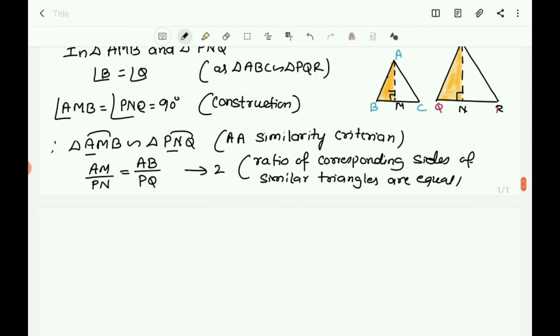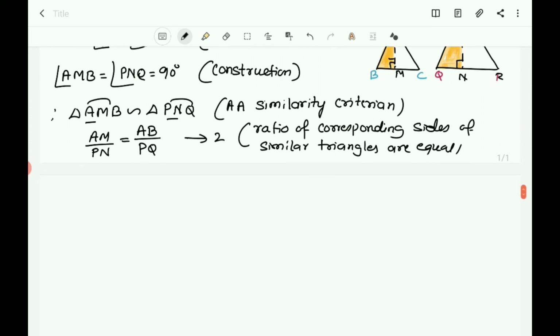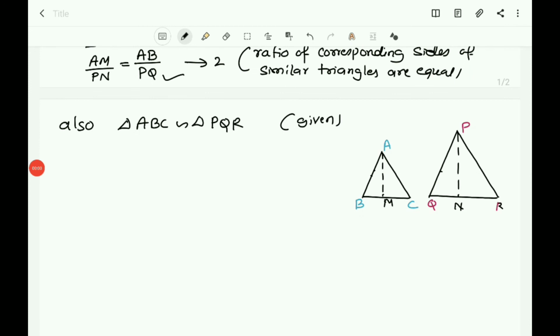Now also it is given that triangle ABC is similar to triangle PQR. As triangle ABC is similar to triangle PQR, their corresponding sides are in the same ratio.